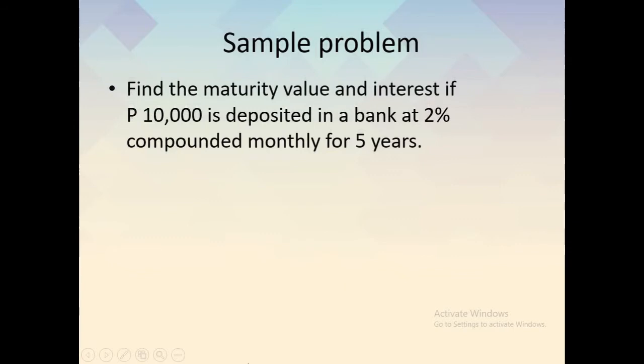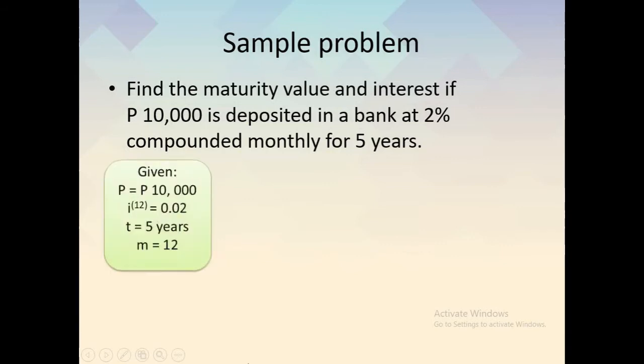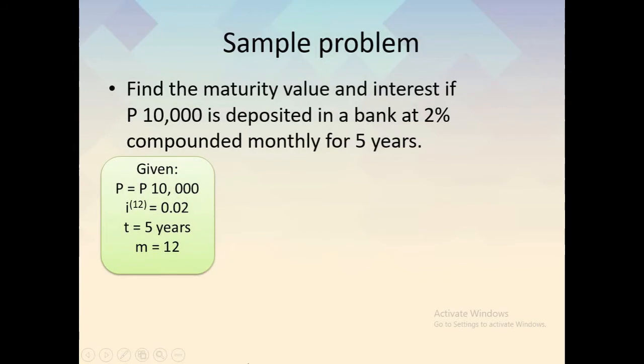Let's now have another sample problem. Find the maturity value and interest if 10,000 pesos is deposited in a bank at 2% compounded monthly for 5 years. So the given is P is 10,000 pesos, the i^(12), or the nominal rate, is 0.02, the t or the time is 5 years, and m or the frequency of conversion is 12.